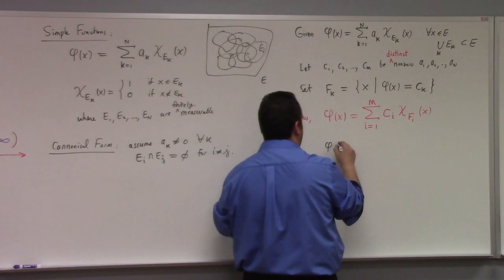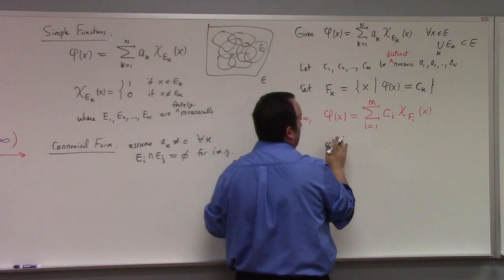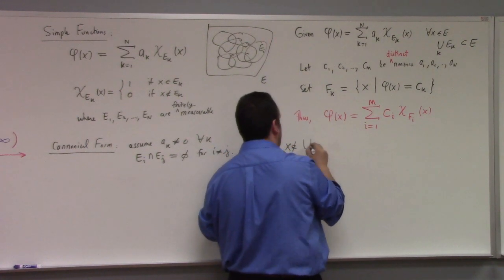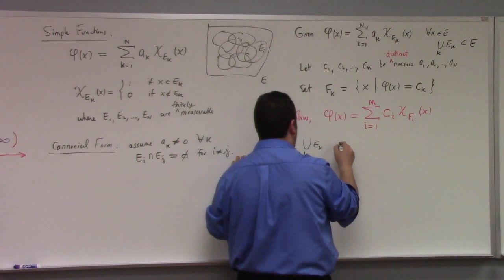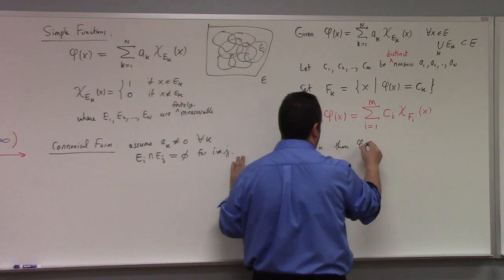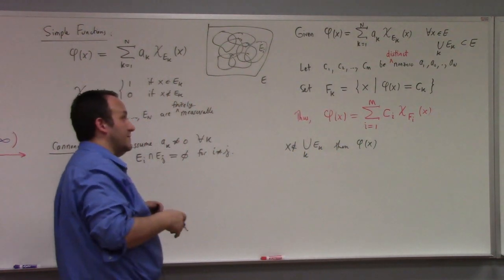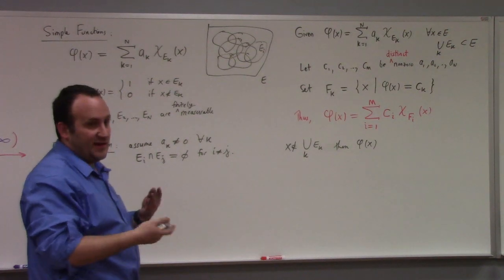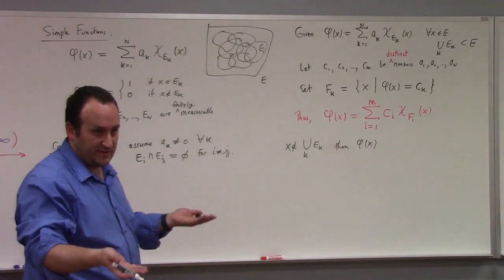And then if I think about phi of x, if x is not an element of the union over k of e k, then what happens? Well, that means that x is not in any of the e k's, which means that all of the characteristic functions are 0, so phi of x is 0.